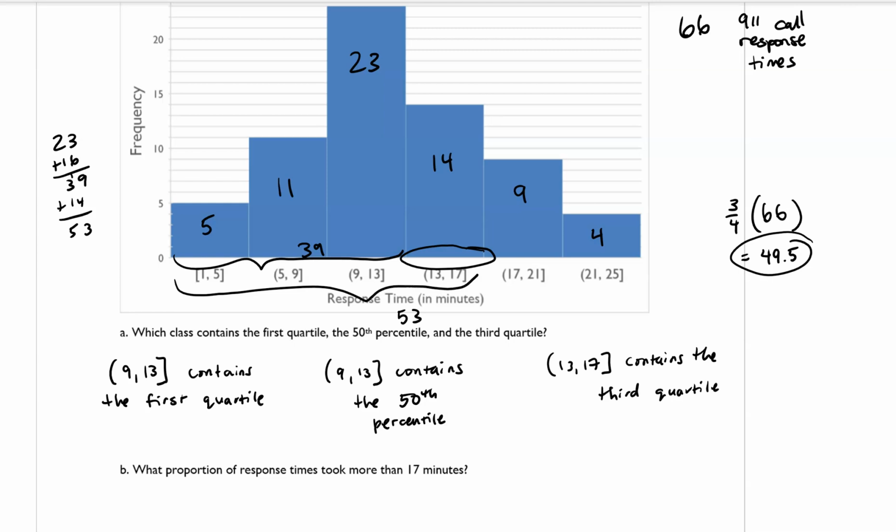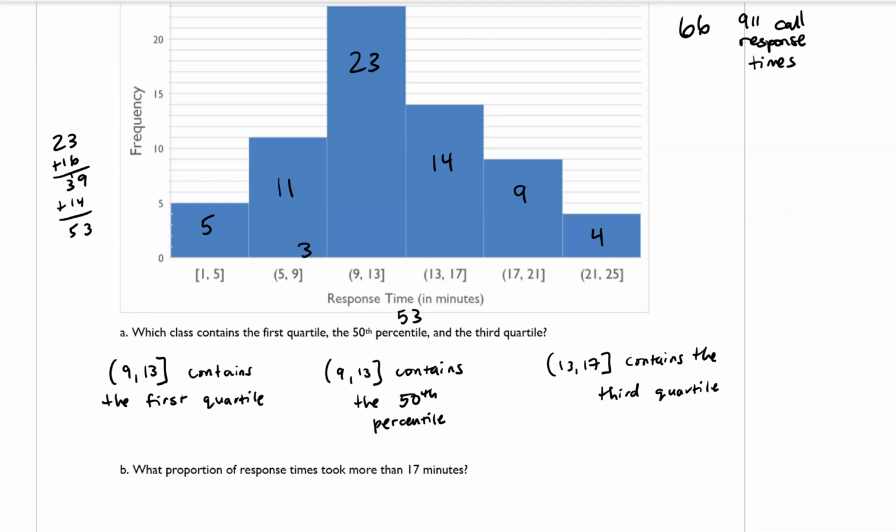Part B says, what proportion of response times took more than 17 minutes? I'm just going to do some quick erasing. So here is 17 on our horizontal axis, and this bar contains 9 and this bar contains 4, so that means that if I added those together, 9 plus 4 is equal to 13.